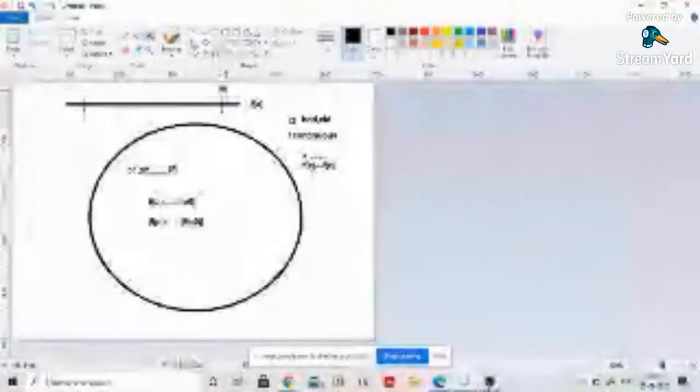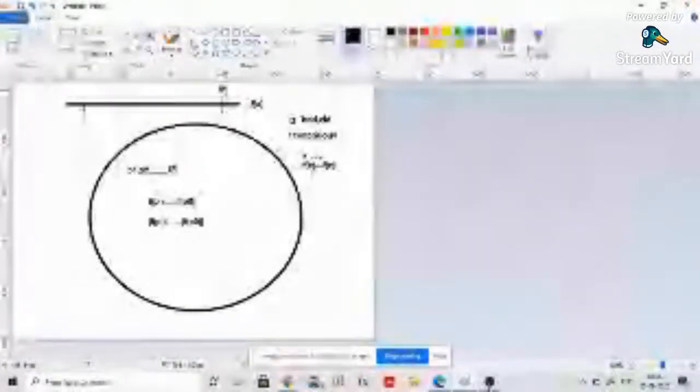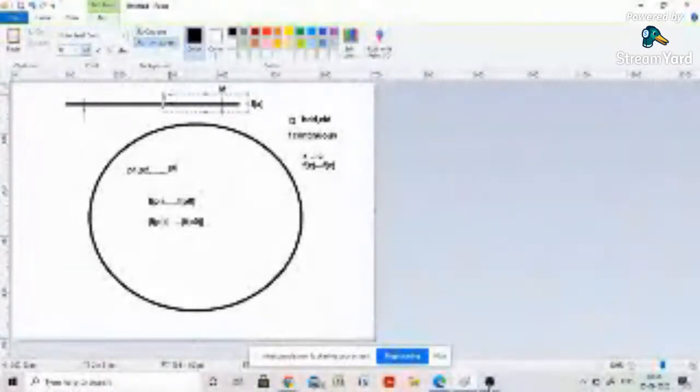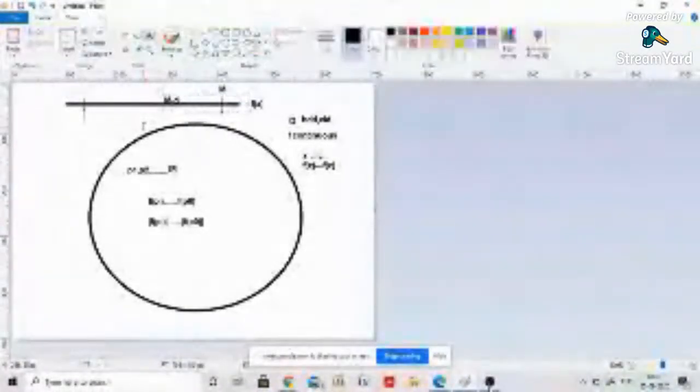Suppose we subtract a positive number from m. Where will be the position? Position will be somewhere here. This will be m minus delta. Okay, this is the position of m minus delta.